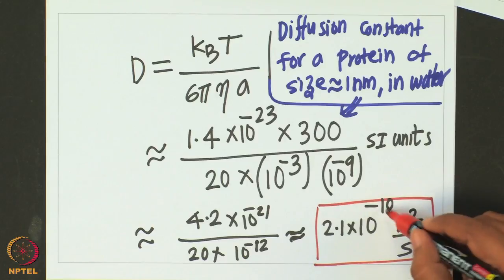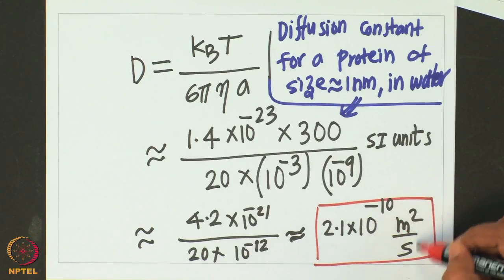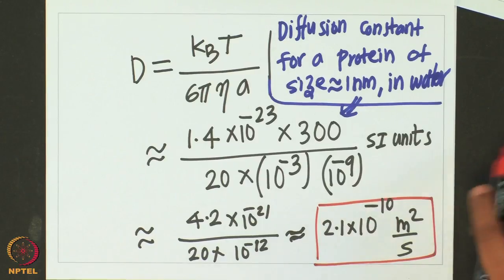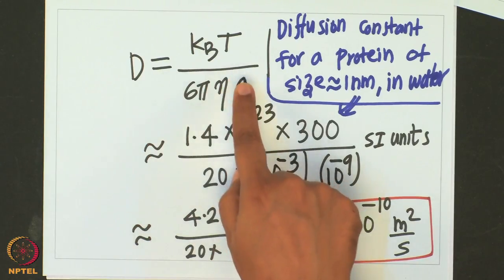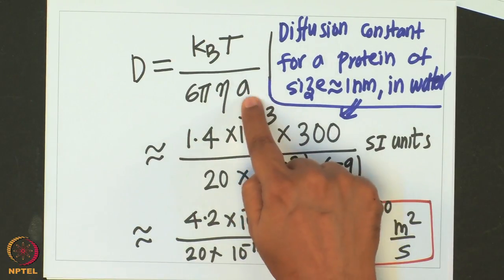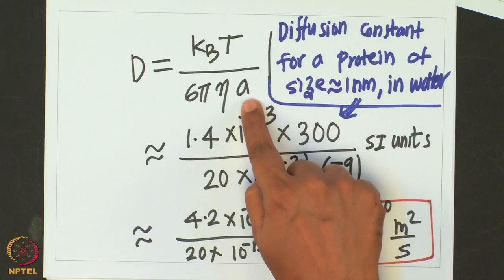Roughly 2 into 10 power minus 10 meters square per second would be the approximate diffusion constant for a particle having size 1 nanometer. So, we now know how to calculate the diffusion constant for any protein. The only thing we have to know is the rough globular size of the protein, the radius of the protein globule.